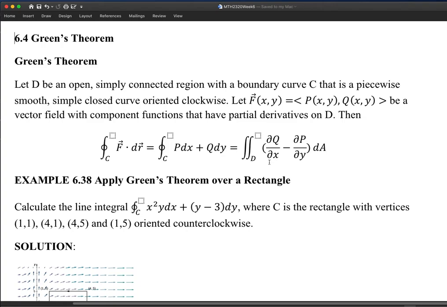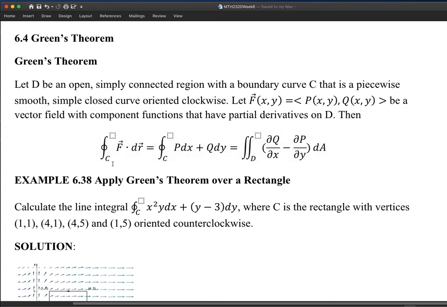Because you consider the line integral F dot dr as P dx plus Q dy, we did take a partial derivative of P and Q. Accordingly, when you calculate the integral, you take one round of integration moving back to P and Q, then another round of integration moving back to the line integral.